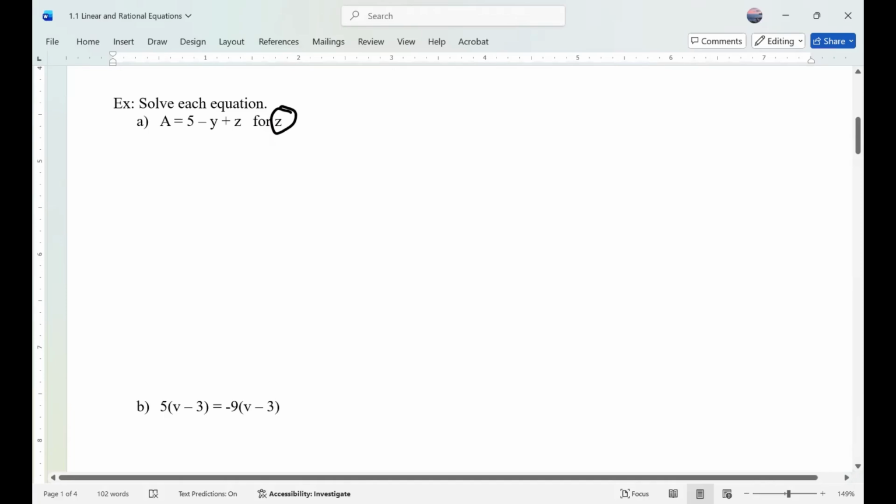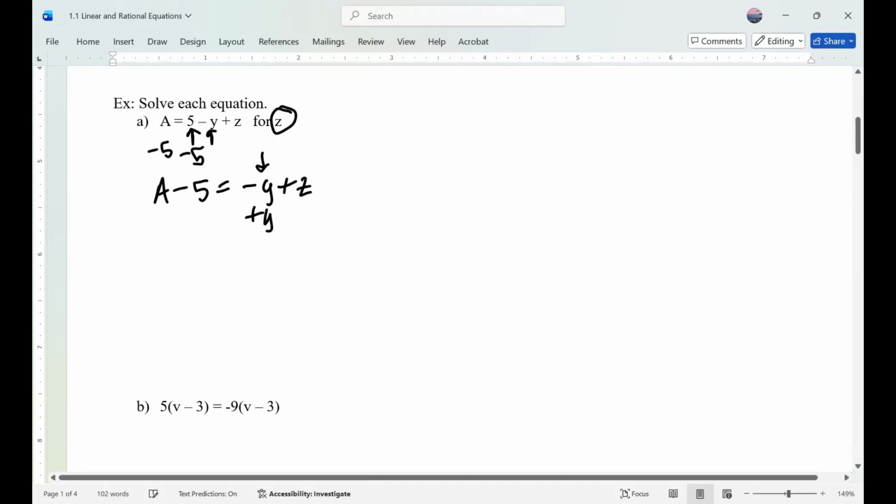So in this case, in order to solve for Z, we've got to get rid of the 5 and we've got to get rid of the Y. So to do that, I am going to subtract the 5 from both sides. Now the 5 is not the same as the A, so I'm going to write this as A minus 5 equals negative Y plus Z. Now, I still have to get rid of the negative Y. So again, I'm going to undo it.